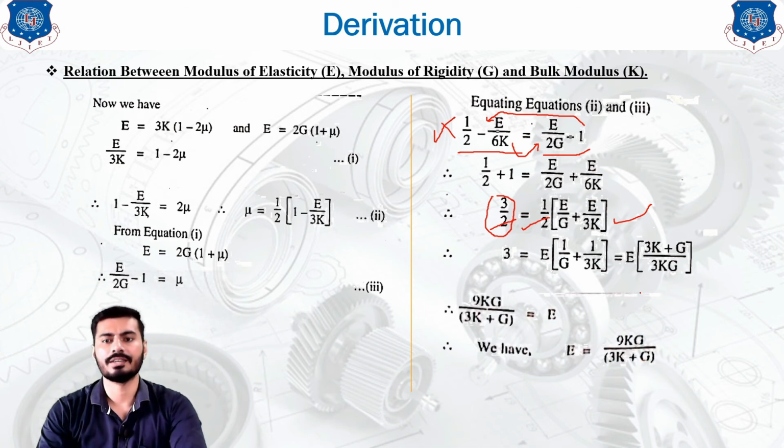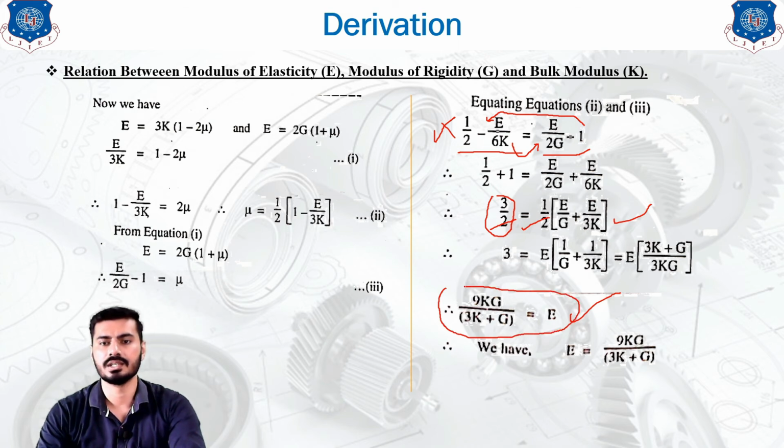So our final equation, with E as the subject, would be 9KG upon (3K plus G), that is nothing but E. So we have E equals 9KG upon (3K plus G).